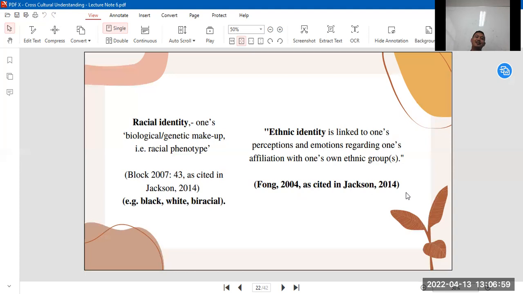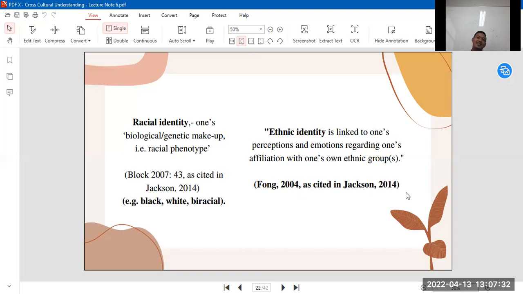Let's say, Mr. Barack Obama, the president of the US, is of mixed heritage. His mother was a white American secular humanist, but his father was a black man, a Muslim, and he's from Kenya, right?